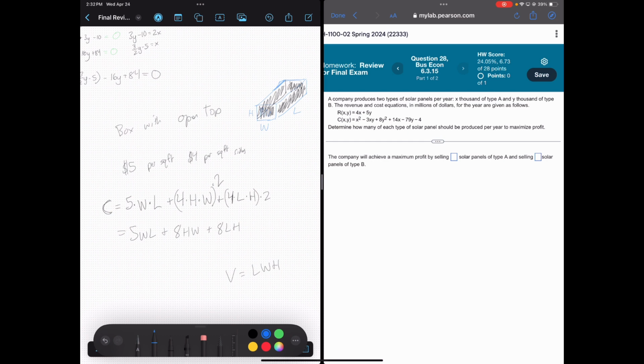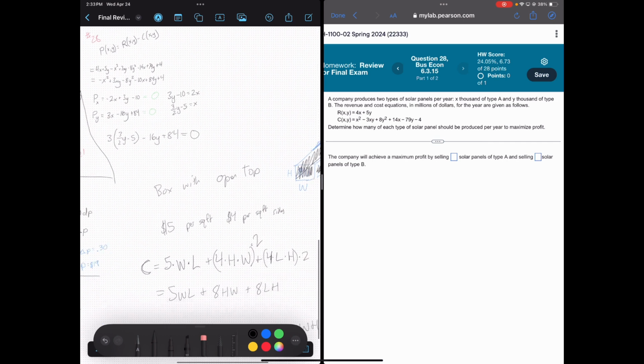So whatever that fixed volume is, let's say your fixed volume is like 2,000, you can use that fixed volume to solve for one of your variables and then plug that into your cost equation. And then from there, you just take partial derivatives, set them equal to 0, and so on and so forth, just like we did with this past one.